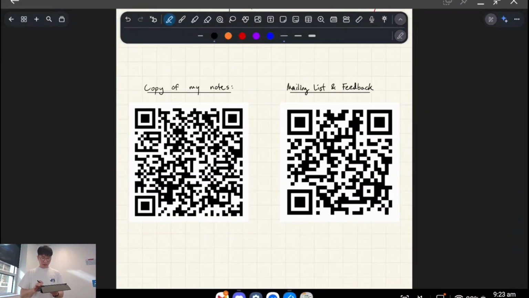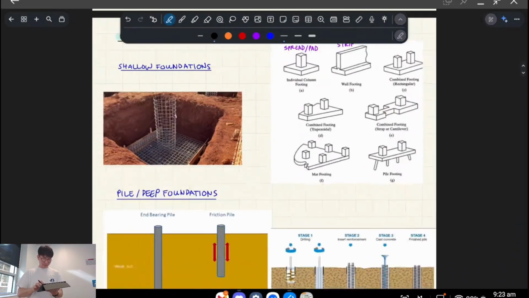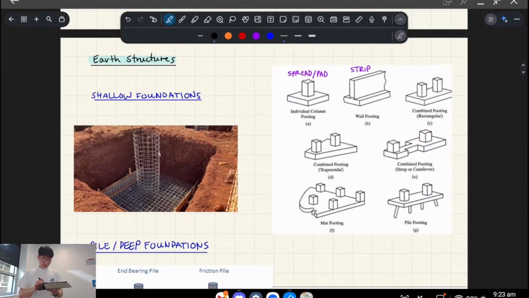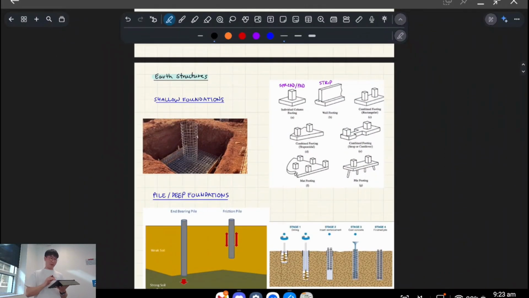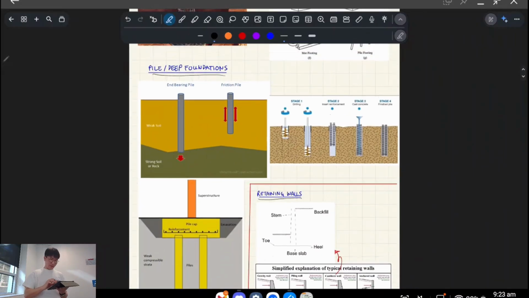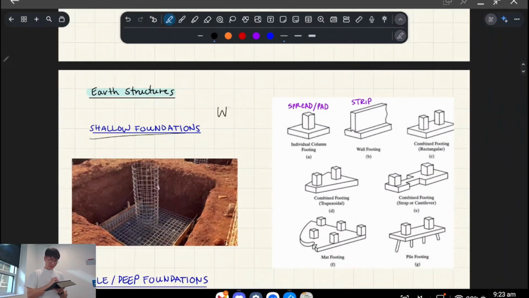Okay, so earth structures include, we're going to cover 3 types of earth structures in this course, right? We're going to talk about shallow foundations, deep foundations, and retaining walls, right? So shallow foundations will be covered in week 7 and week 8. So we're going to split it up into this week and next week.